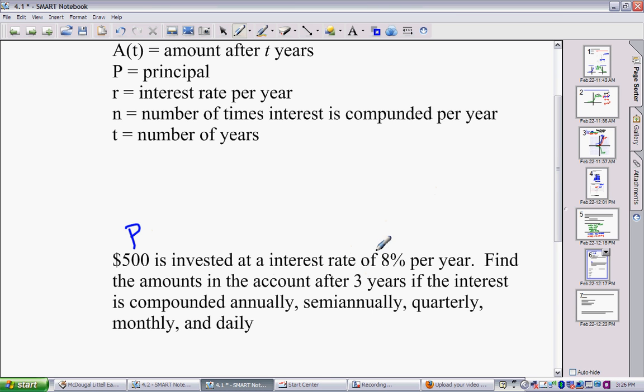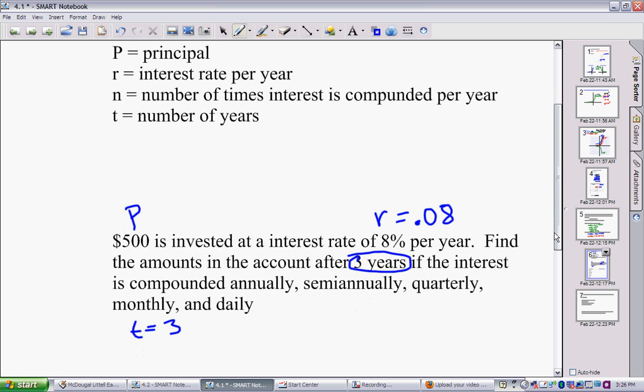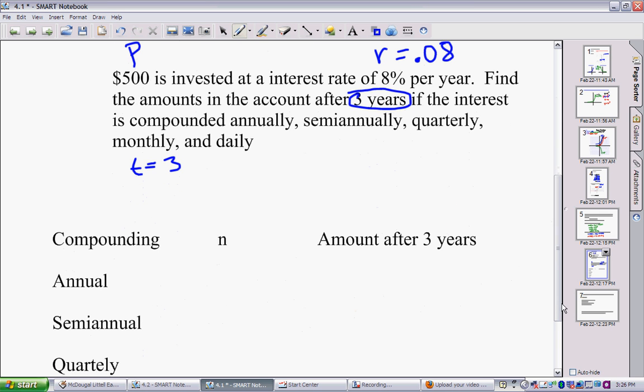Interest rate of 8%, that's r, and let's go ahead and change it to a decimal of 0.08. Time, 3 years. And then n is going to change because we want to figure it out for all of these. So we have a chart, and we have our formula.